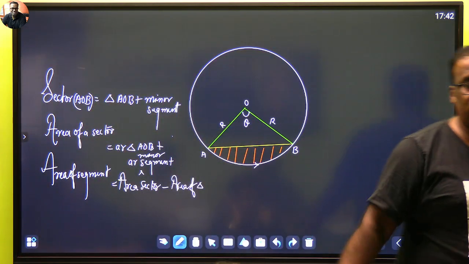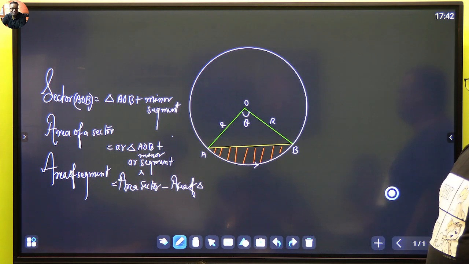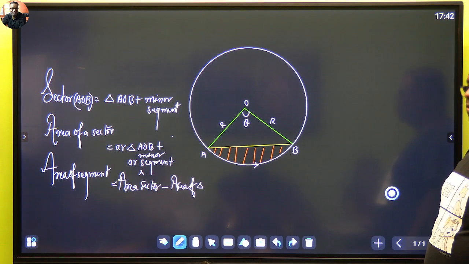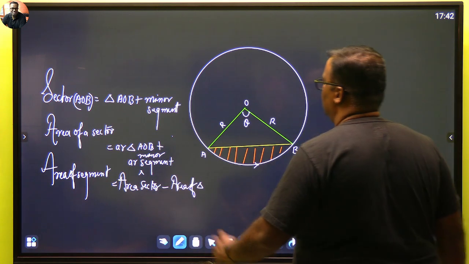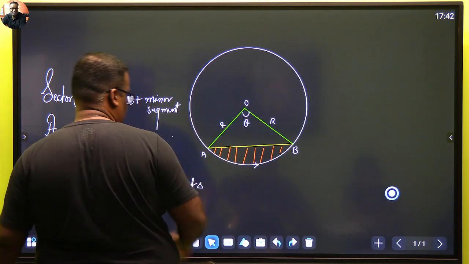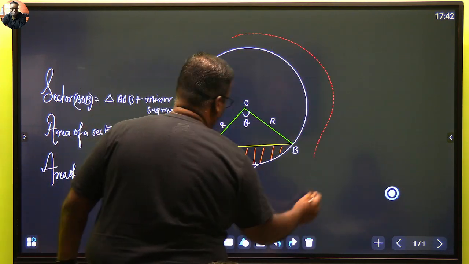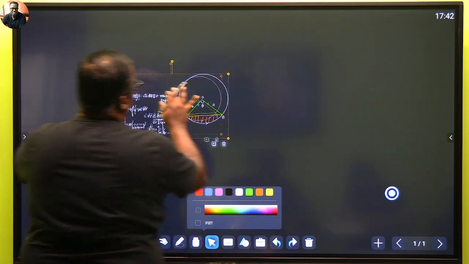So we will find the segment by knowing the sector area as well as the triangle area. Have you understood? Right, good. So let's focus on this part now, in which we are going to talk about the area of the sector and the area of the triangle. You understand?